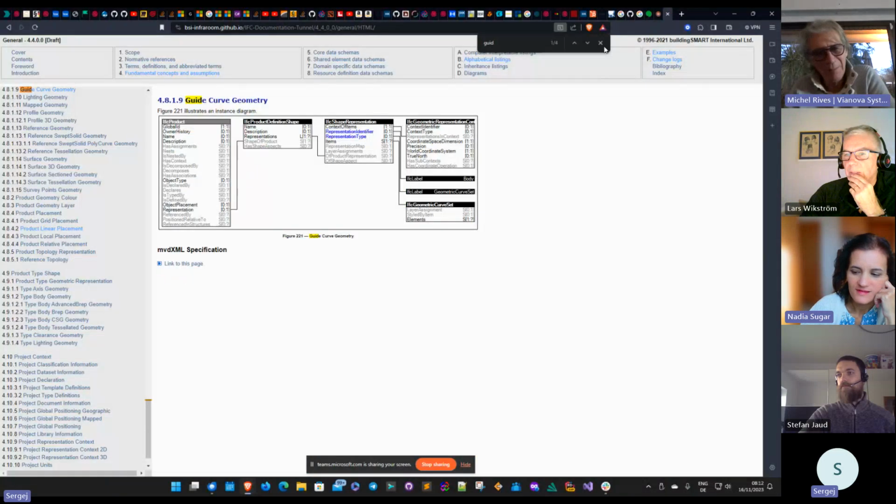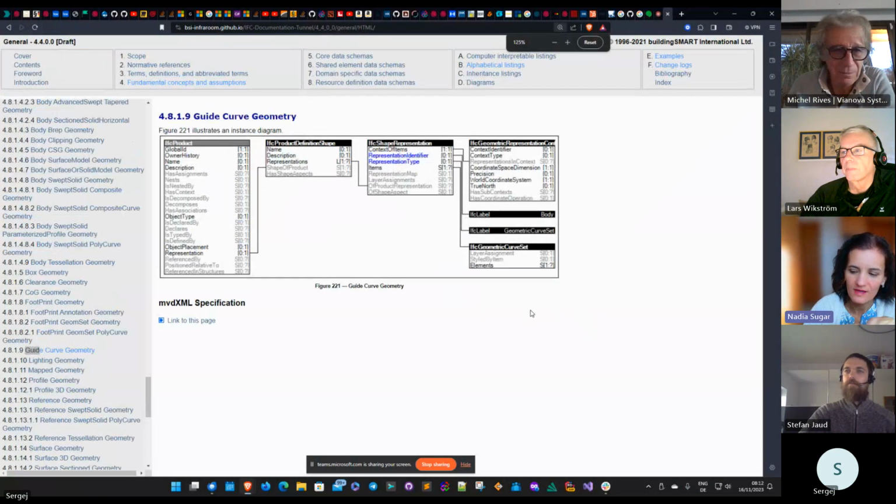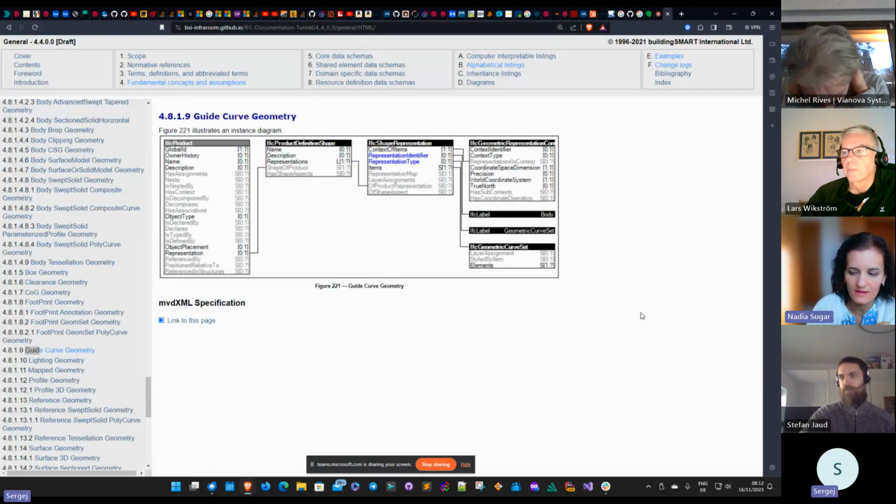Maybe you should share and go through the documentation, please. Yes. I thought that somehow they interact, but not really. So you mean that these are two representations, right? Yes, correct.